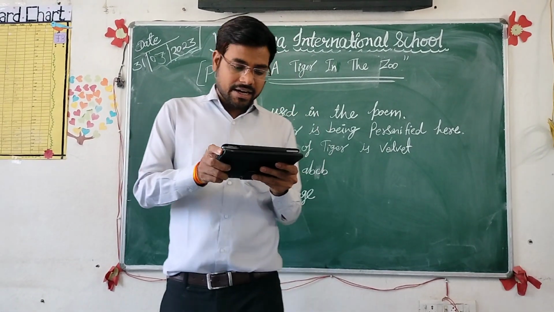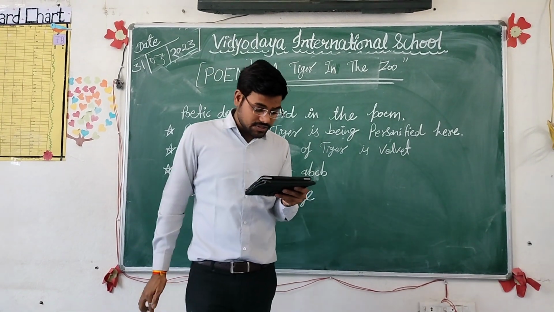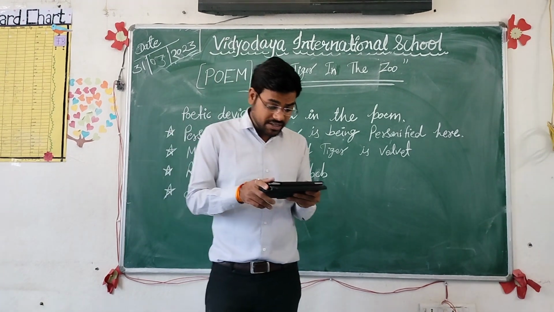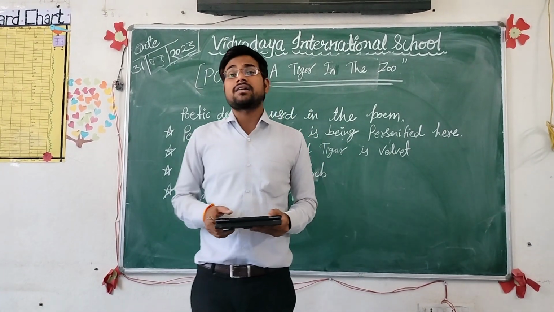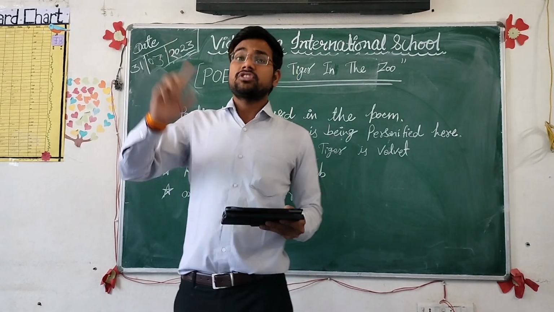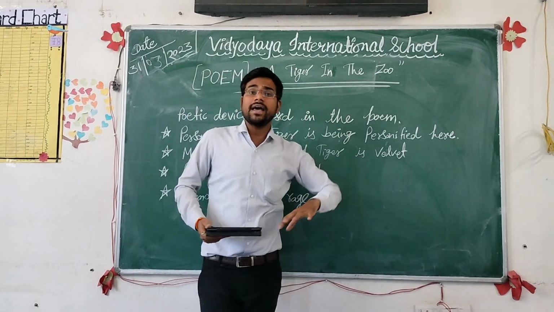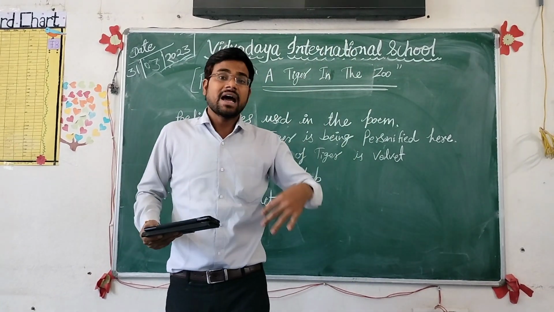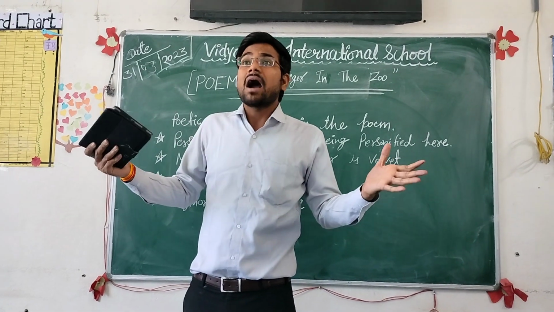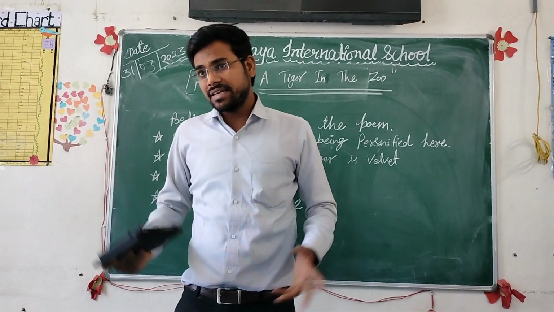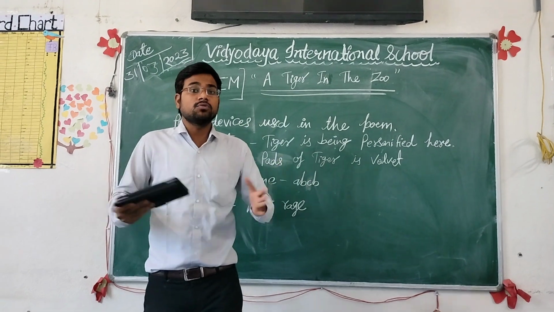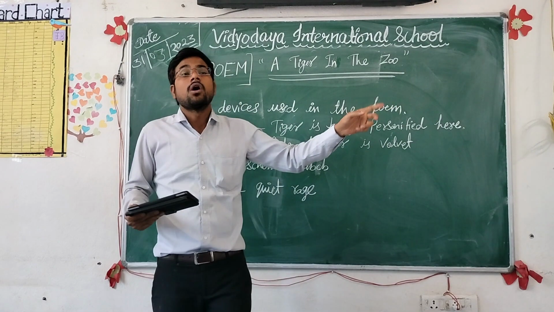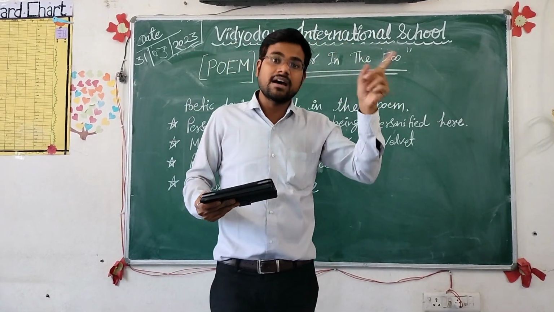The last stanza says that he hears the last voices at night, the patrolling cars, and stares with his brilliant eyes at the brilliant stars. In the last stanza, the tiger in the zoo is trying to console himself, thinking that maybe I am able to see the stars which I used to see in my natural habitat, and I am able to see the stars in the sky right now also.